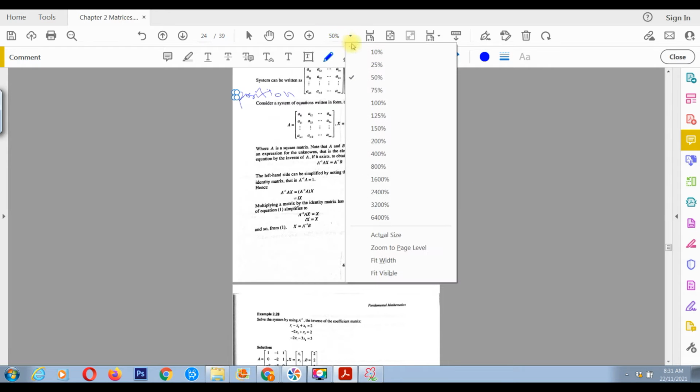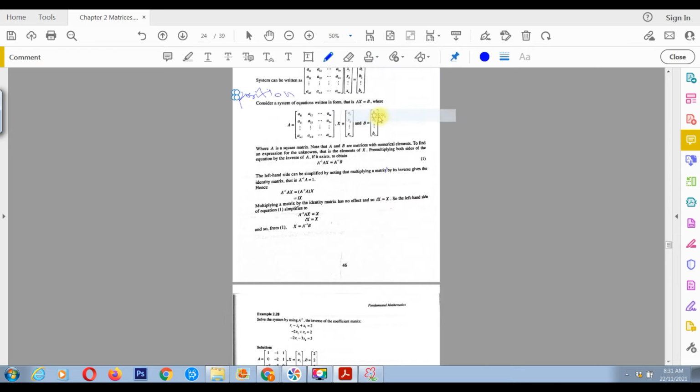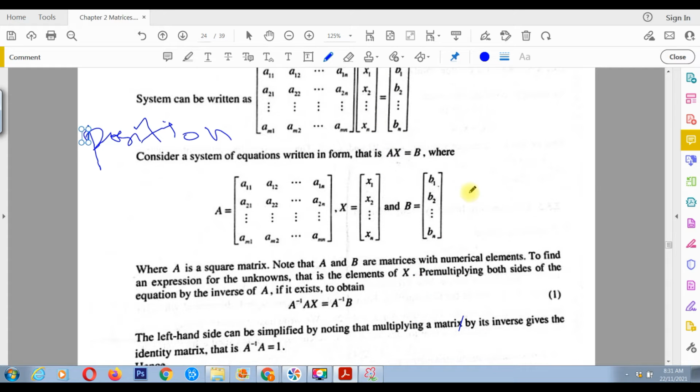So what we have here is AX equals B. If we multiply at the left hand side, both must be at the left hand side. If right hand side, both at the right hand side. You cannot change the position.